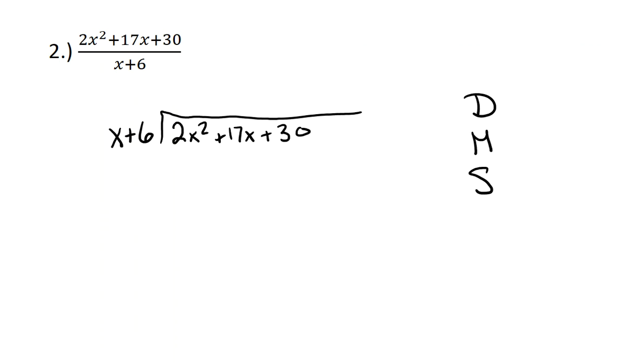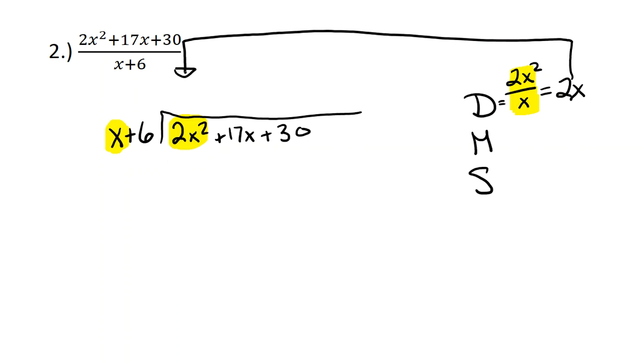What I'm going to divide is I'm going to divide the first term by the first term in the divisor. So that's what we're dividing. I'm going to do it at the side so you can see what we're doing. 2x squared divided by x equals 2x. And remember what happened with that before. That went right here. So that was 2x.